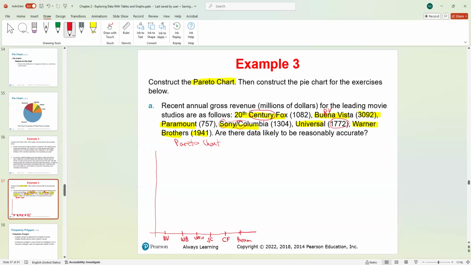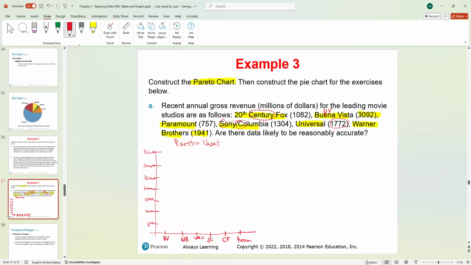So if I put 500, 1000, 1500, 2000, 2500, 3000, 3500.